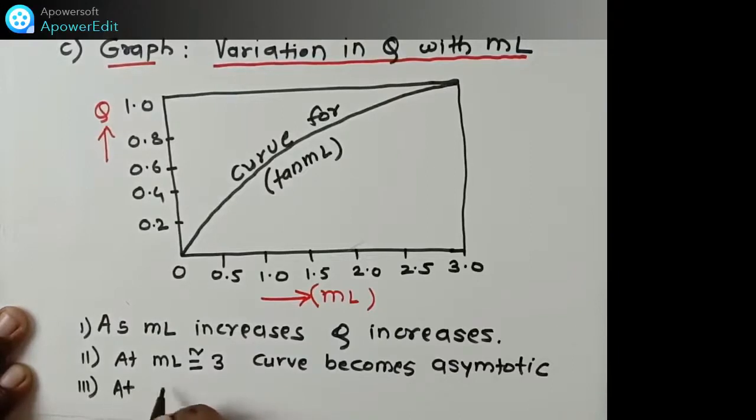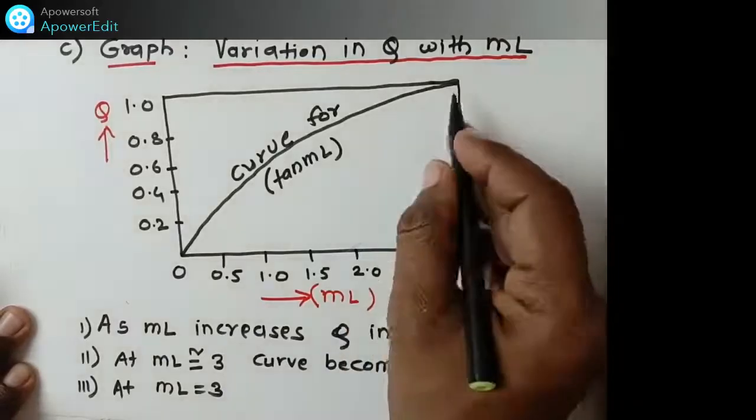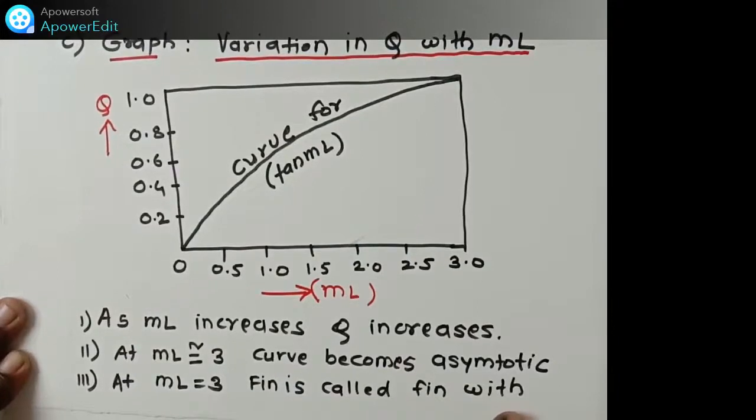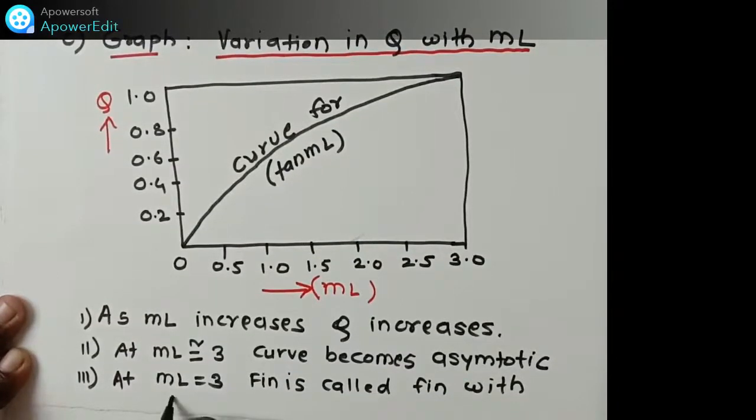Means at ml is equal to 3, here the fin is called a fin with insulated tip, or adequately long fin.